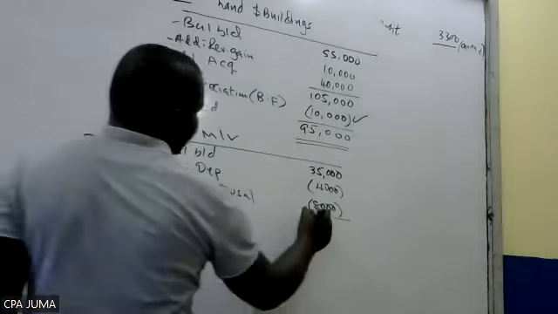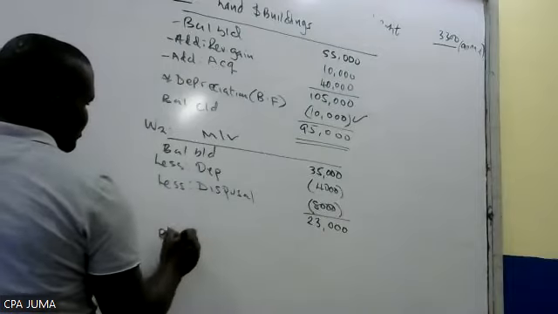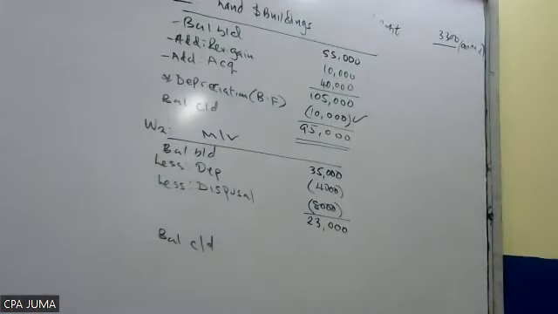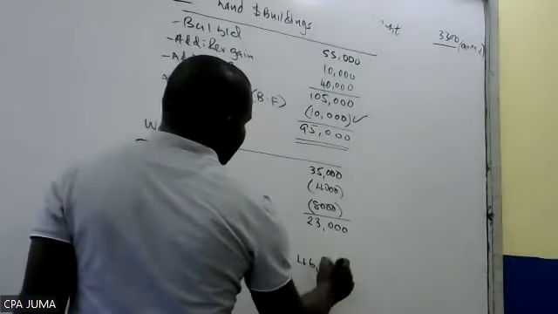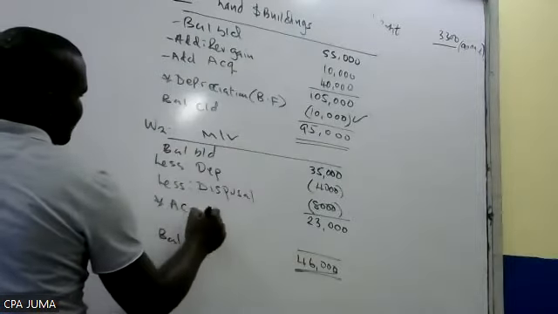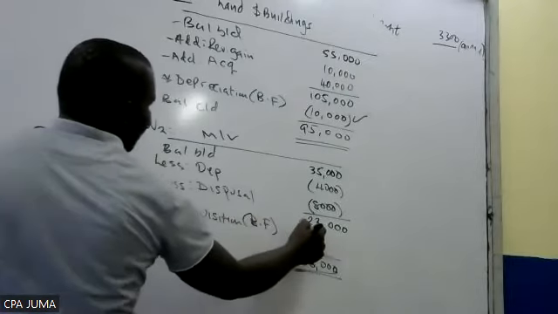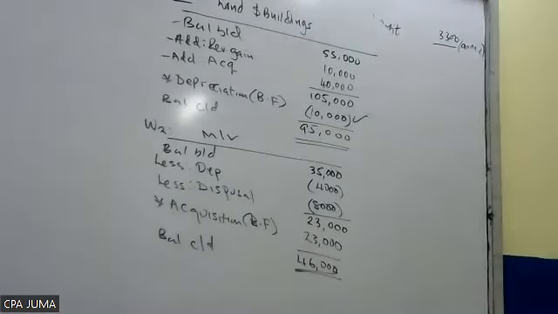Skip one line. Balance carried down. 46. Why the increase? It's in acquisition. Acquisition. That is what they are not telling you. Of how much? 23.